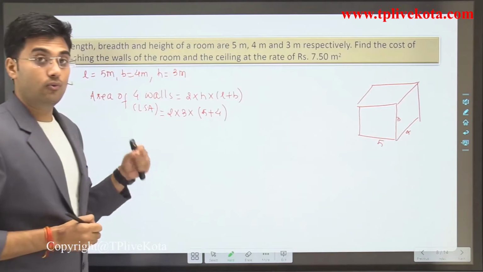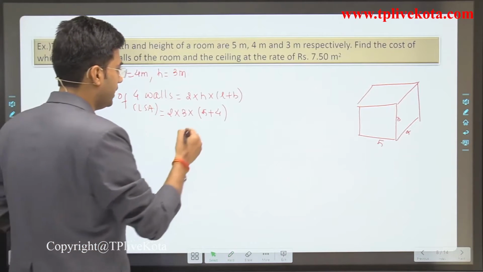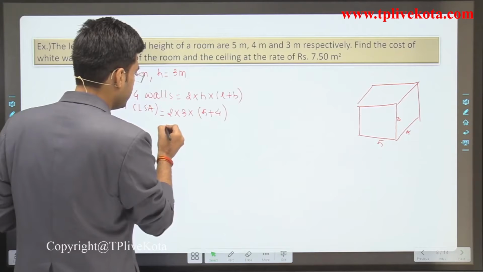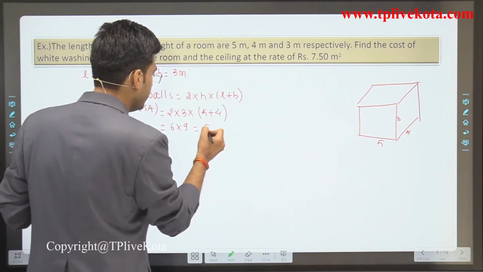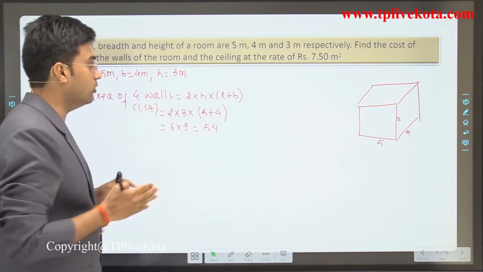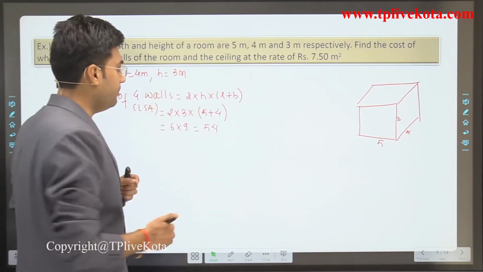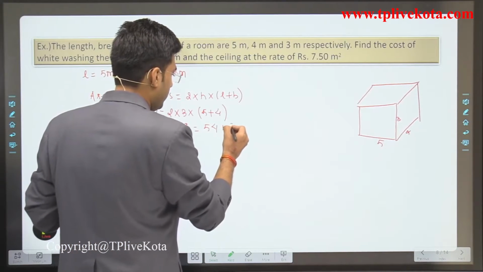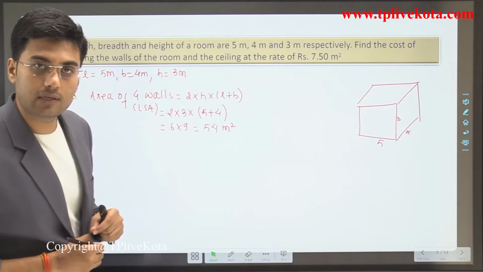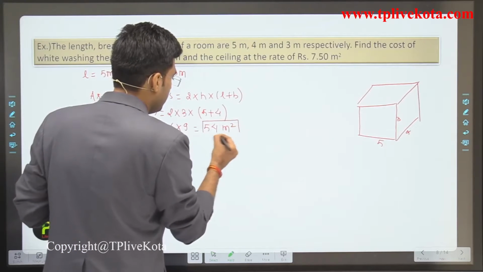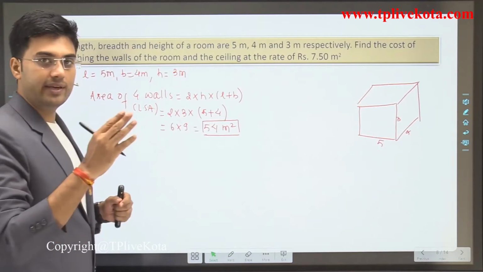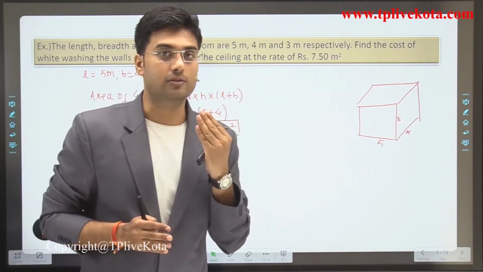Now 5 plus 4 is 9, and it is 6 multiplied by 9, and when we solve this it is equal to 54, and the unit should be meter square. Clear?